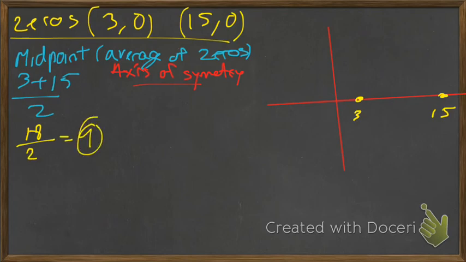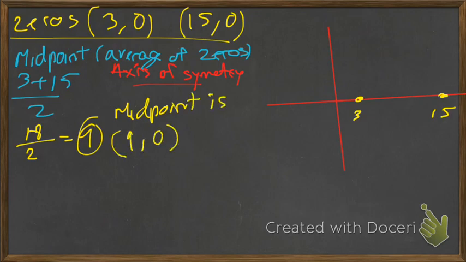So the midpoint is 9, 0. That's going to be right there. Whatever my max value is, which I'll probably find next, the graph is going to be something like that. I'm going to get rid of those two lines, because we don't know that yet.